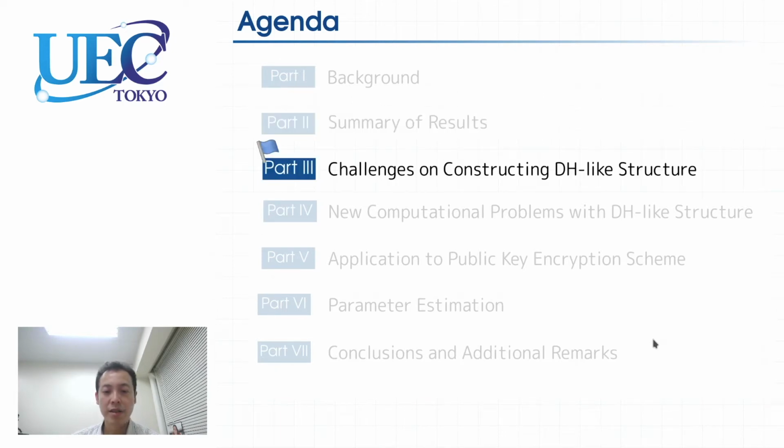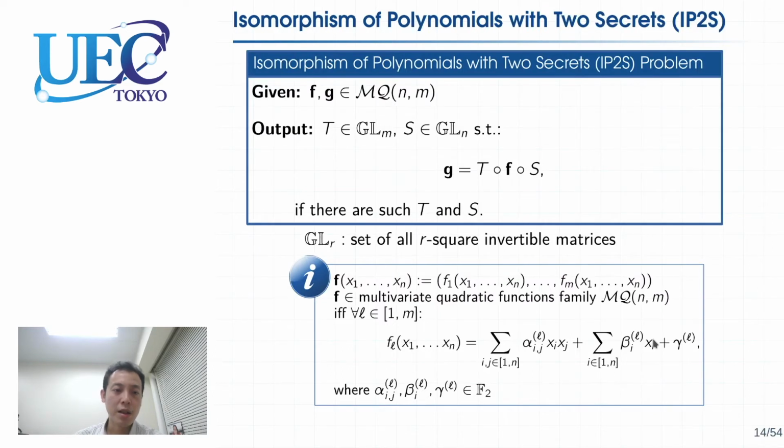Let us see the challenges of constructing Diffie-Hellman-like structures in multivariate polynomials. First, I want to introduce the foundation of all our results, that is the isomorphism of polynomials with two secrets, or the IP2S problem. The IP2S problem is: given f and g, which are multivariate quadratic function families, each of f and g is a set of quadratic functions with the following form.